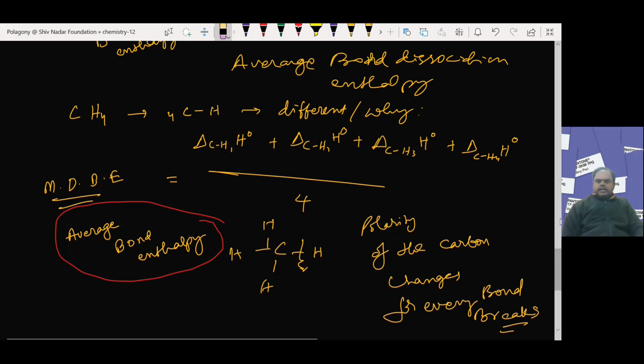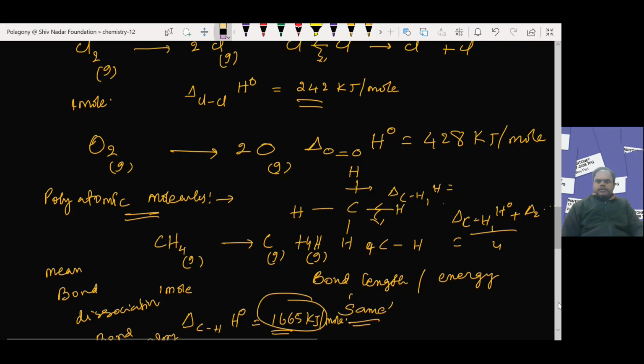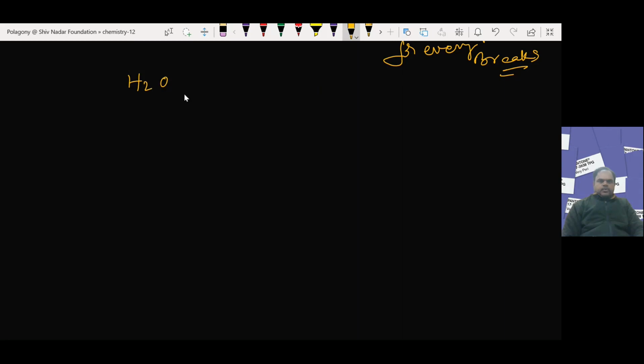It is similar for polyatomic molecules, for example, if you take H2O, 1 mole of water, and want to make 1 mole of gaseous oxygen atoms and 2 moles of hydrogen atoms, then we have to use average bond enthalpy.